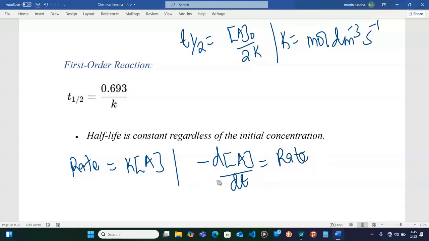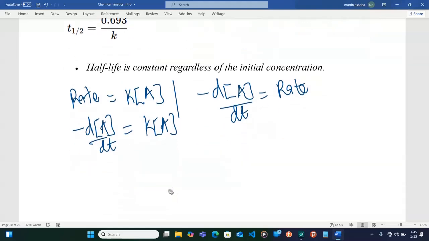So if I equate these two, that means negative dA/dt will equal k A. So here you can see that it's first order because the power of the concentration of A is 1.